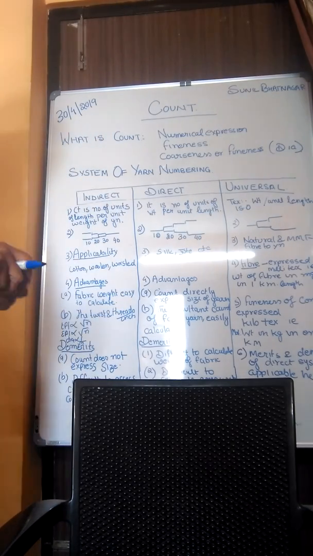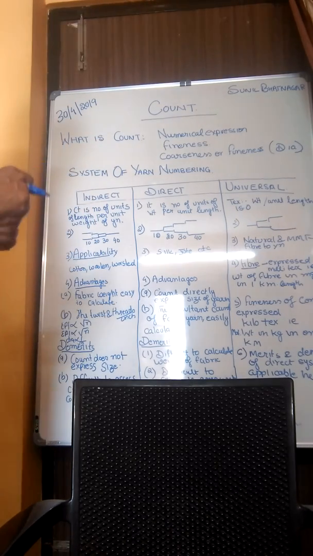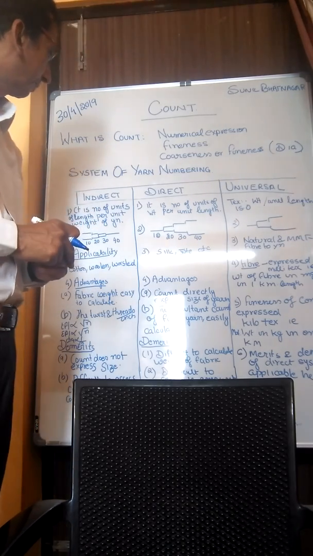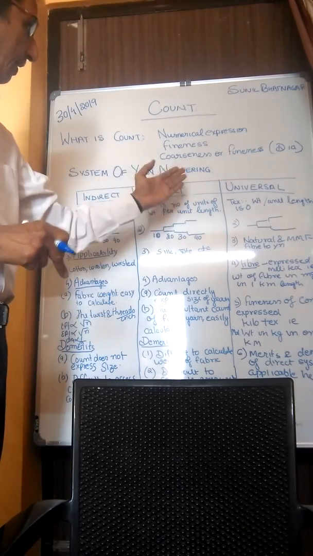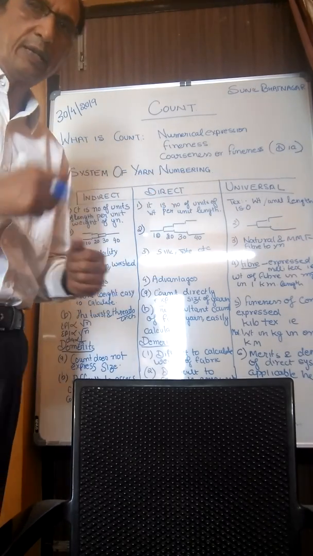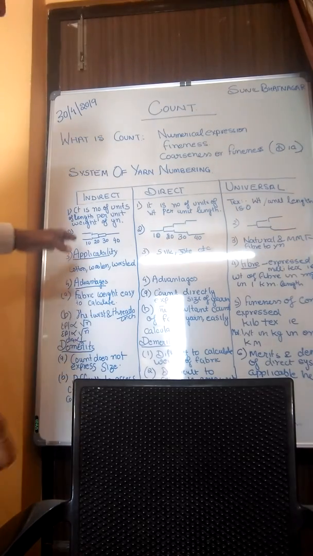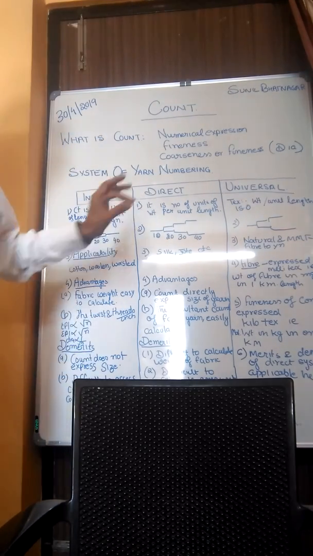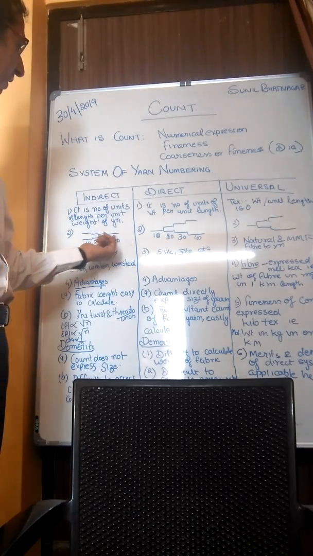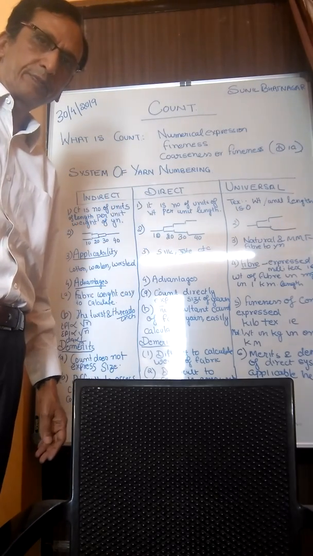In the indirect system, the count is the number of units of length per unit weight of the yarn. In the direct system, it is the number of units of weight per unit length. Now, in the indirect system, as the number increases, 10, 20, 30, 40, the yarn becomes finer.